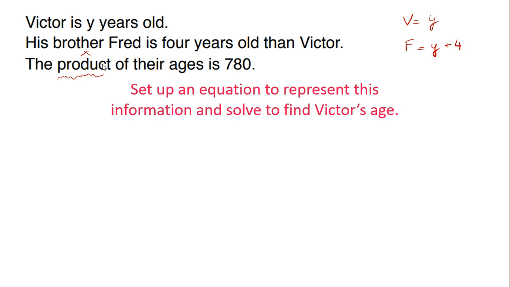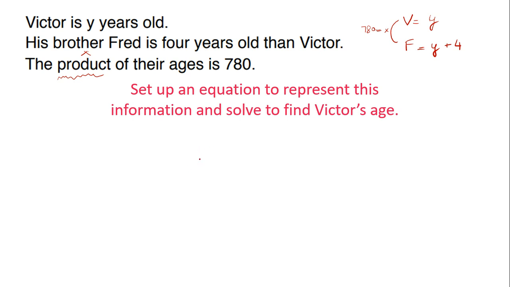Sum means addition, difference means subtraction, product means multiplication, and quotient means division, right? Okay, so product of their ages. So if I multiply Victor's age and Fred's age, I am supposed to get 780. This is the information that they're giving.